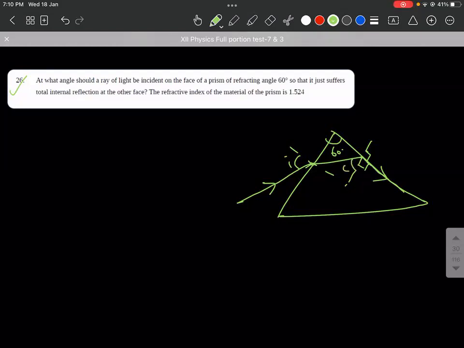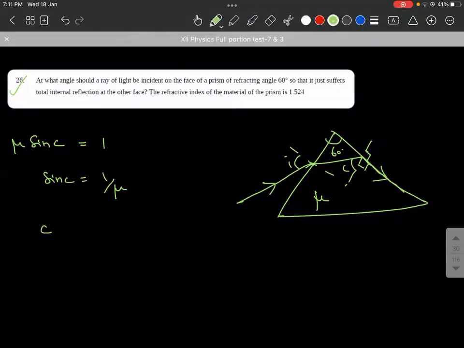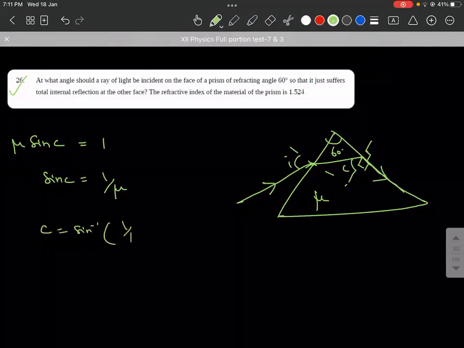So if I take this angle to be the critical angle, and the refractive index of the prism, let me take it as mu. Tell me what should be the value. Mu into sine C should be equal to 1. So sine C is equal to 1 divided by mu. So C will be equal to sine inverse of 1 by mu.